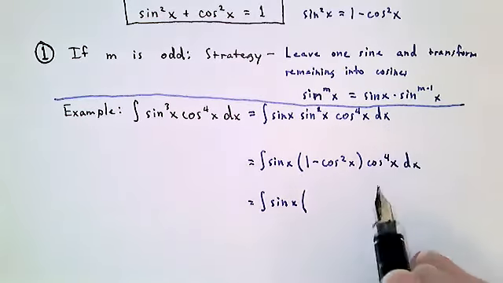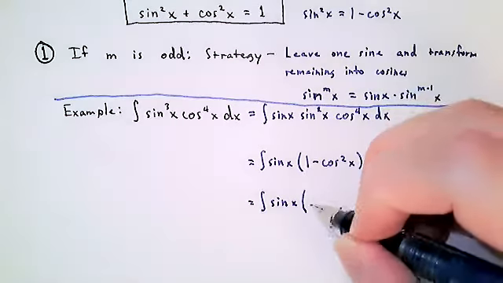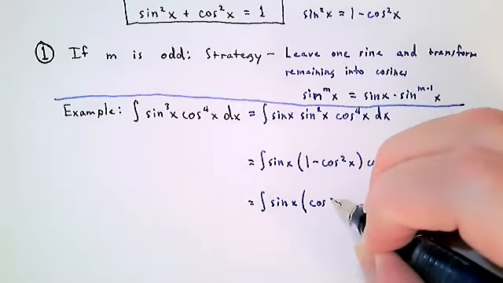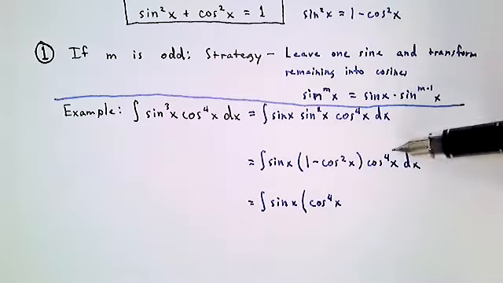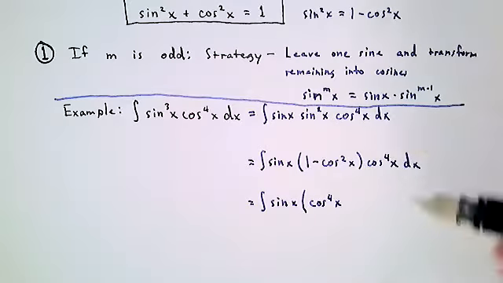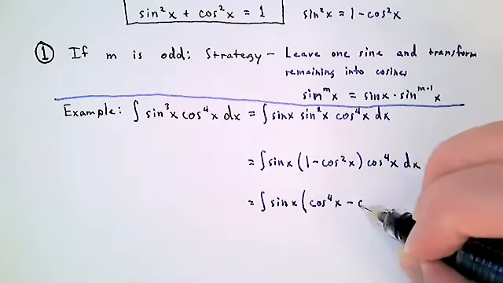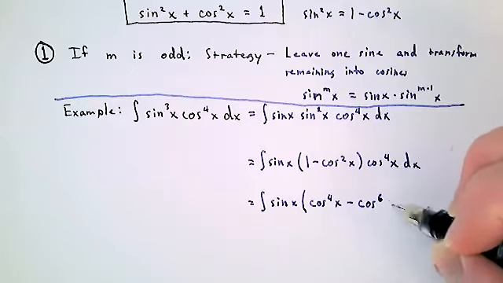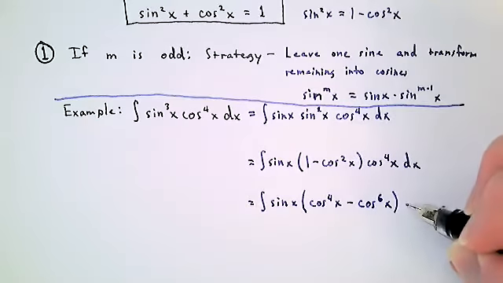So distribute through, you get cosine to the fourth when you multiply by 1, and then you add powers of cosine to get minus cosine to the sixth power of x dx.